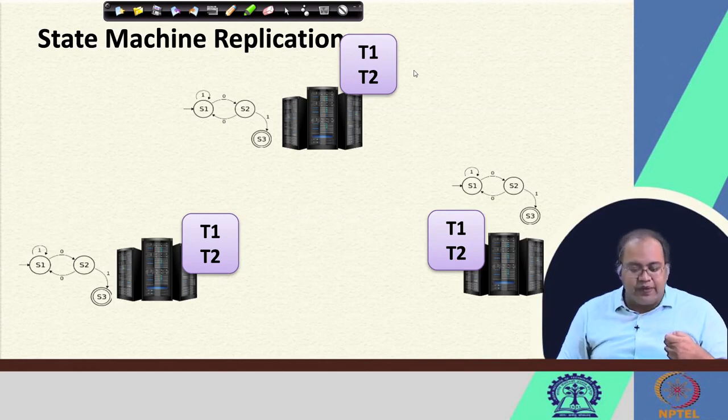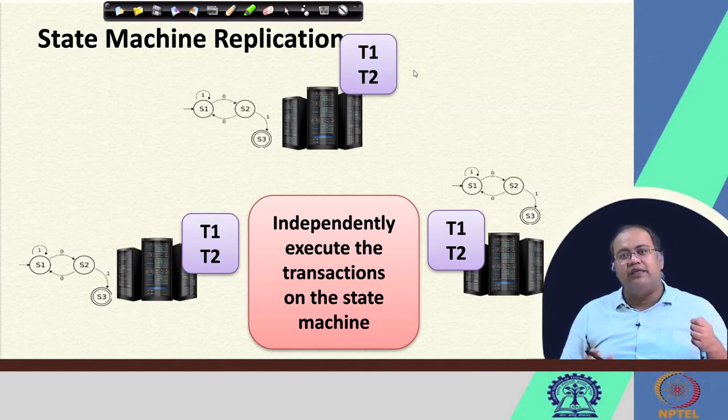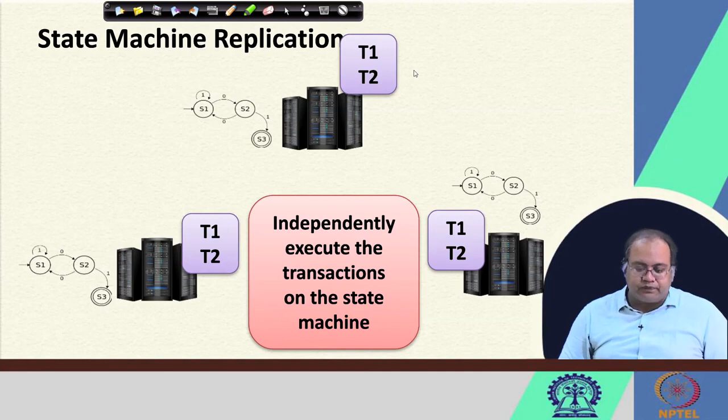Accordingly the execution starts, and in this stage every independent server starts executing the transactions on their local state machine. Everyone will first execute T1 and then T2.